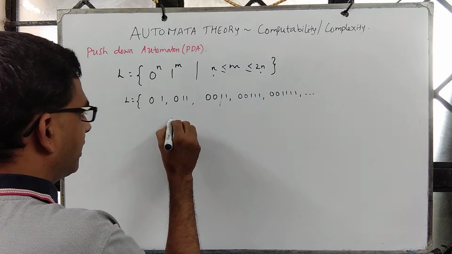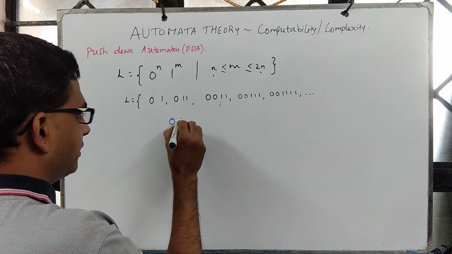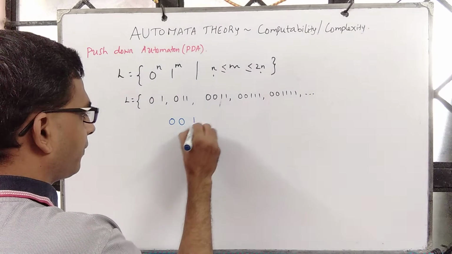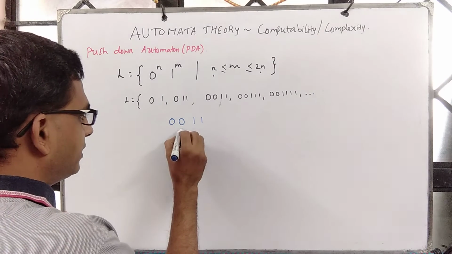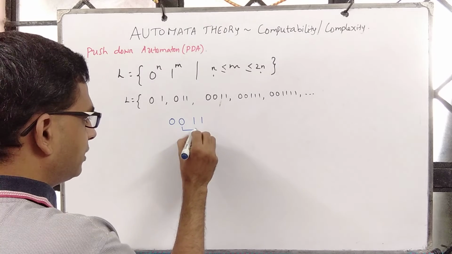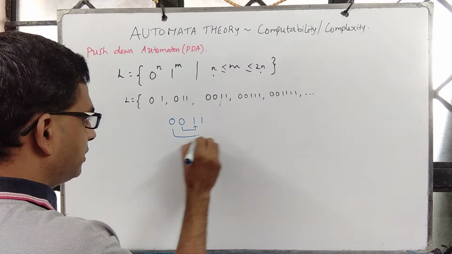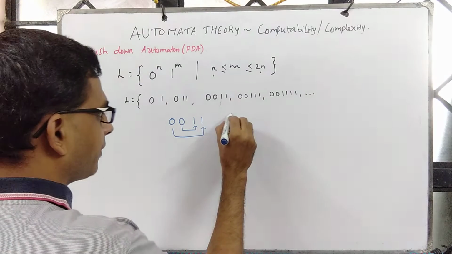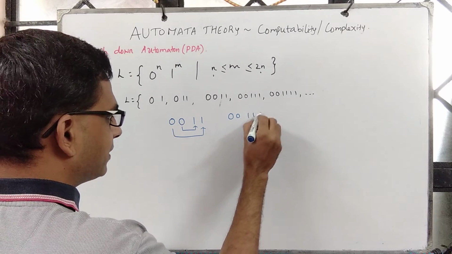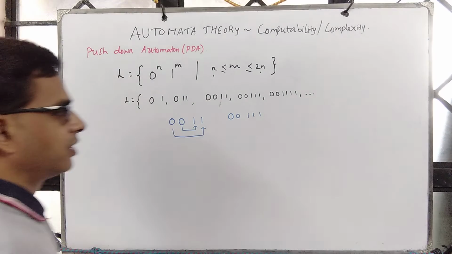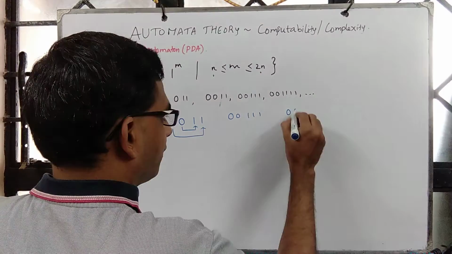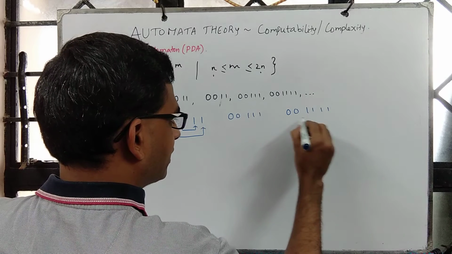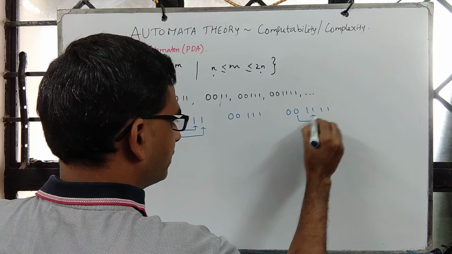So let's look at, say, 0 0. In this case, you see that this 0, this 0, this one. But when you have something like this, we saw that this 0 corresponds to these two.